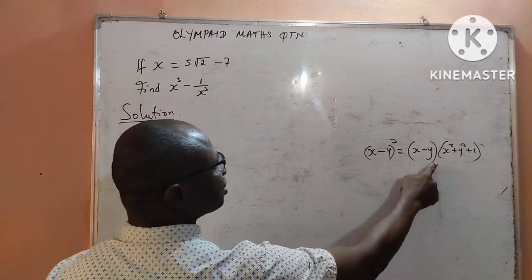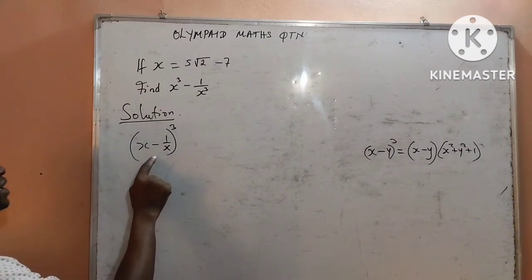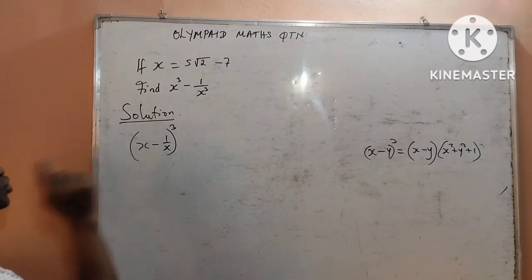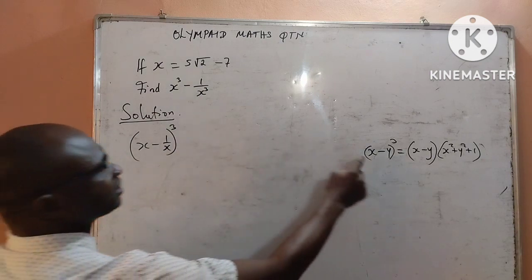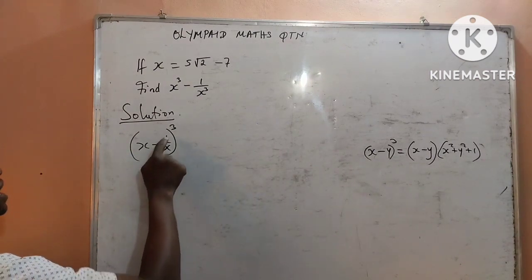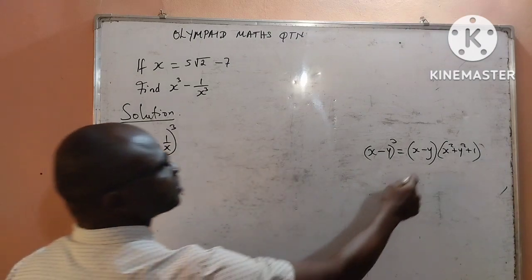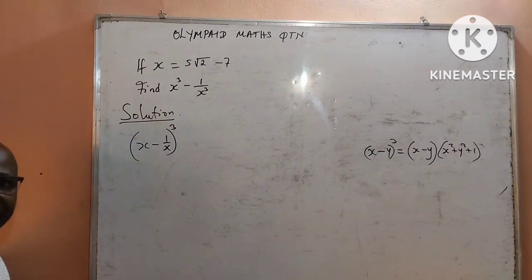Going by this knowledge, we are going to apply it to the difference of two cubes here, and that implies my x here is this x, and 1 over x is my y.